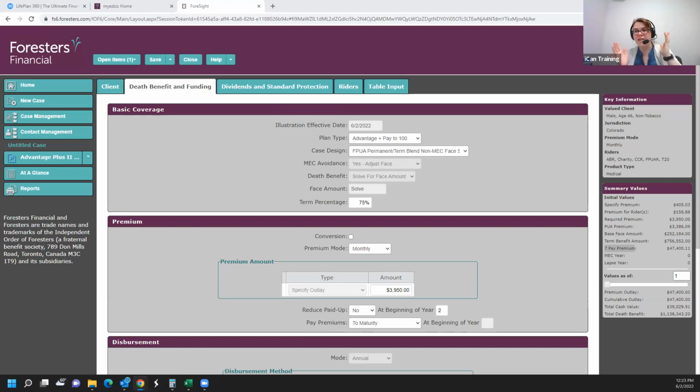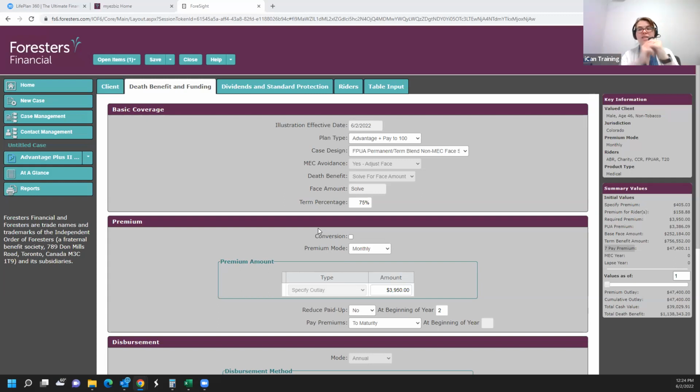A policy has to be paid for a period of 7 years, whether it is coming out of their pocket or it's coming out of the cash value. For it to be a life insurance policy, it must be paid for 7 years. And during that 7 years, there must be a specific ratio set by the IRS between the death benefit and the cash value. So if you go over that ratio, it becomes a modified endowment contract.